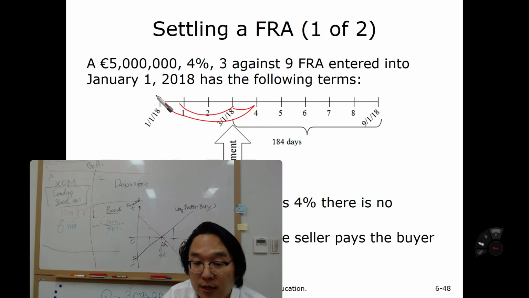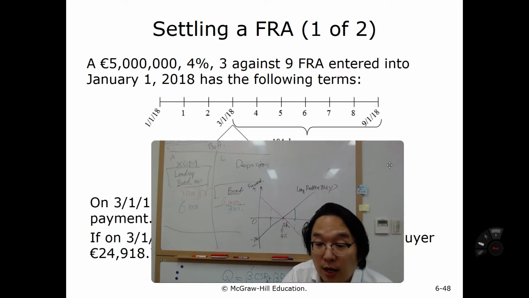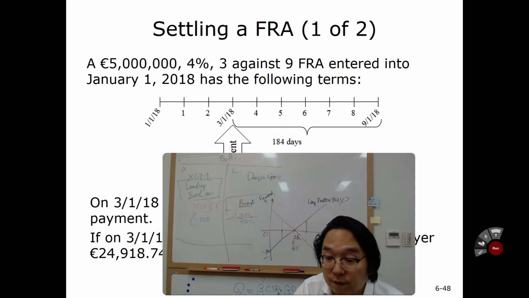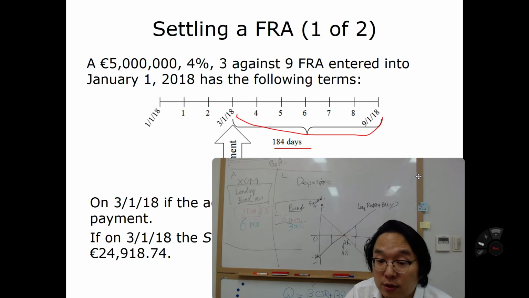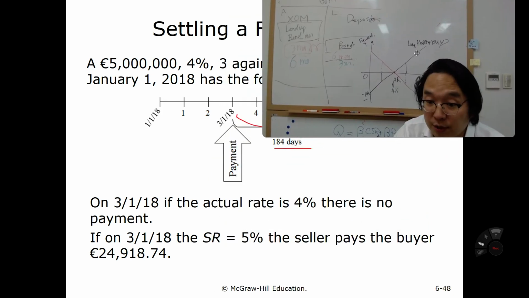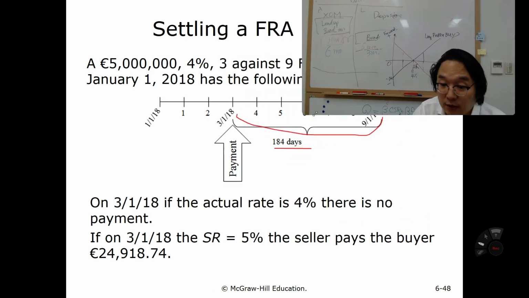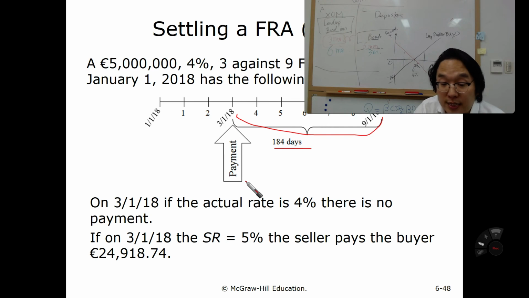In this 3 against 9 FRA contract, let's say there are 184 days over this 6-month horizon. This is going to be the numerator in your days calculation over 360. Payment happens over here. How much would you pay?